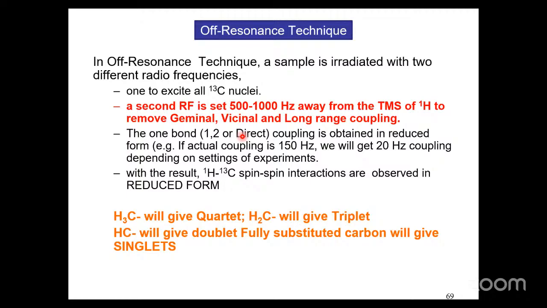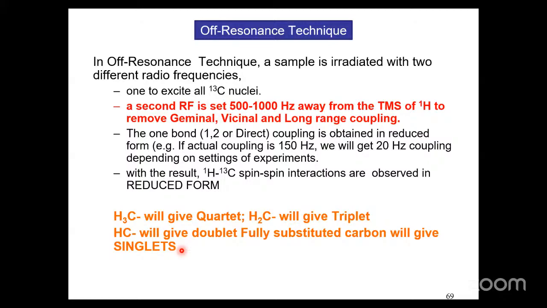Yes. If methyl is there, this carbon will give you a quartet. Methylene carbon will give you a triplet. Methine carbon will give you a doublet. While the quaternary and substituted carbon will give you a singlet. Okay. So in the off resonance technique, you can easily find out the methylene, methine carbon, and fully substituted or quaternary carbon.